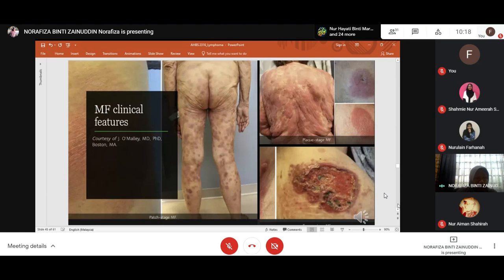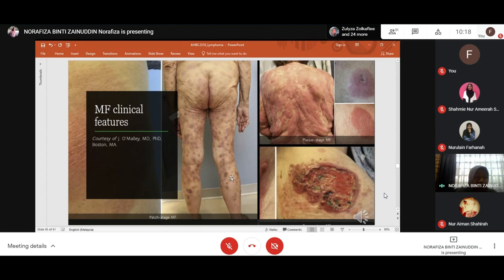All right, so these are the three clinical morphologies of mycosis fungoides: the patch, plaque, and also tumor. Each is differentiated from the former by increasing thickness. So the patch stage, figure 1 here.